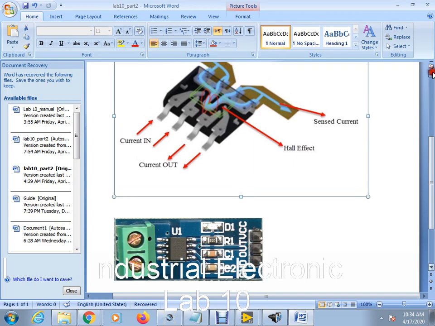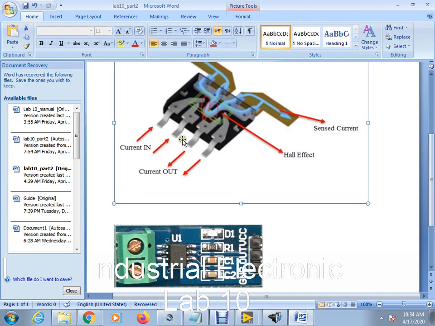When current flows through this terminal, due to the current a magnetic field is produced, and this is the working of the Hall effect sensor.